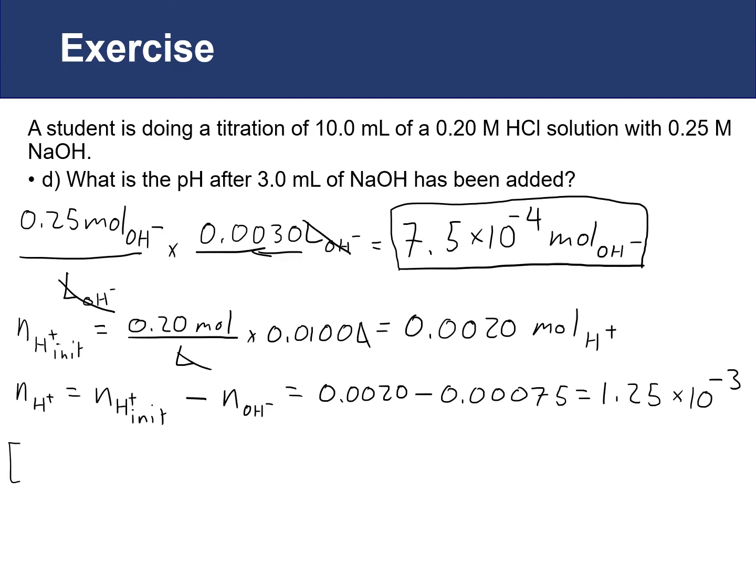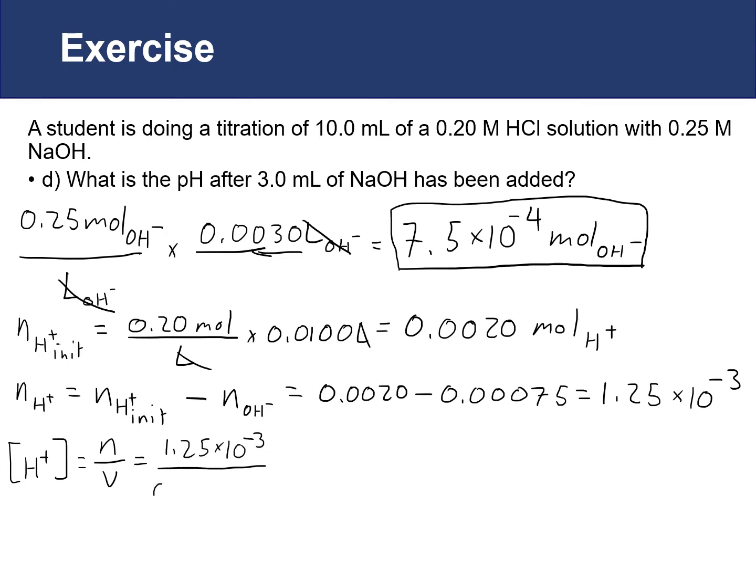So our H plus concentration, because we're looking at concentration, that's moles per volume. That would be equal to the number of moles of H plus, 1.25 times 10 to the negative 3rd, divided by our volume.